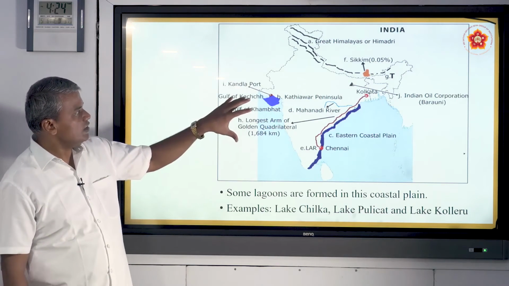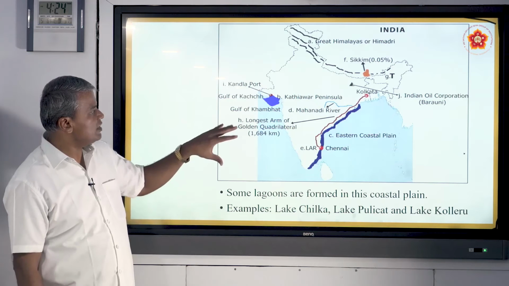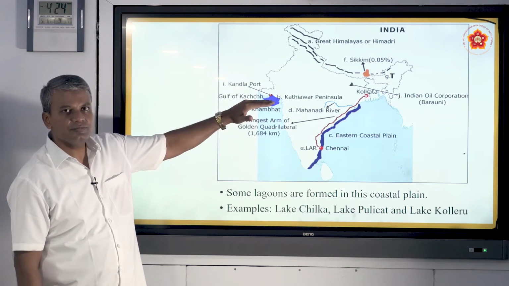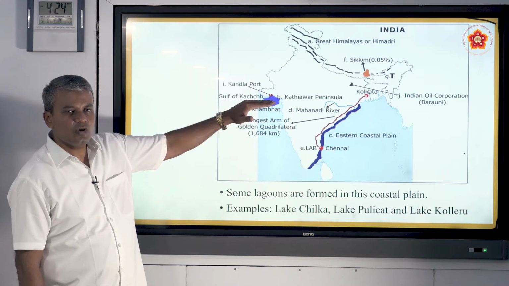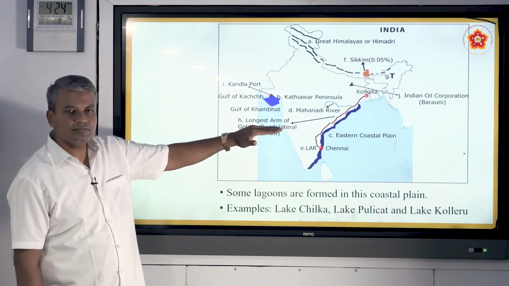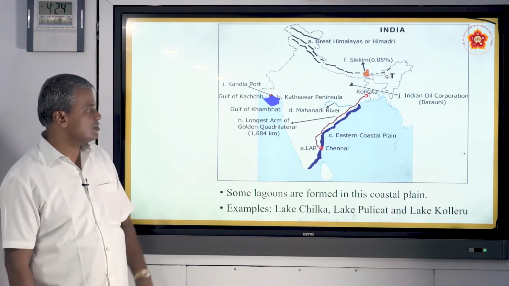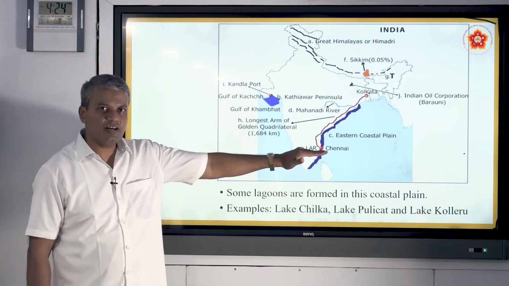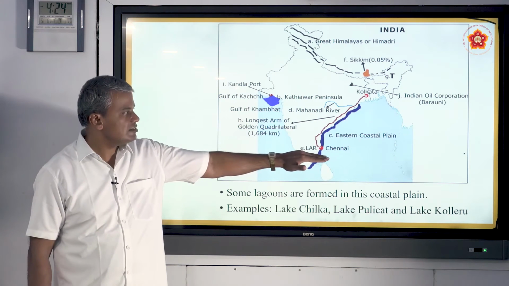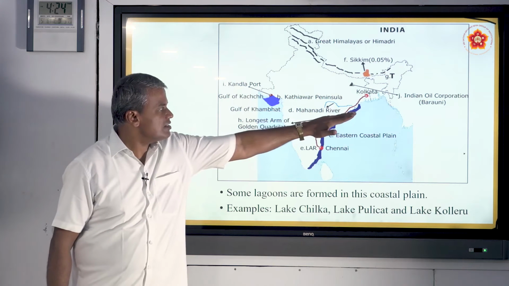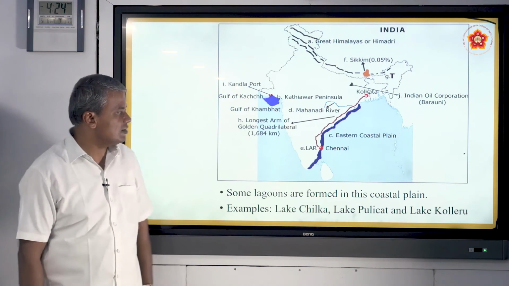Yes, you can look into this map. Easily you can understand. This coast is called Konkan coast, this one Kannada coast, this is Malabar coast. This side, if you come to the east coastal plain, this is Coromandel coast, this one is Northern Sarkars.